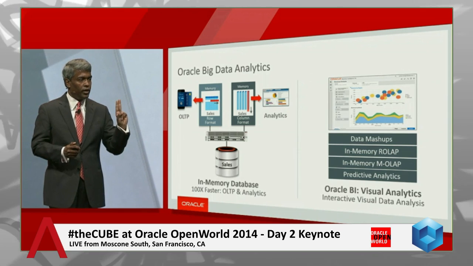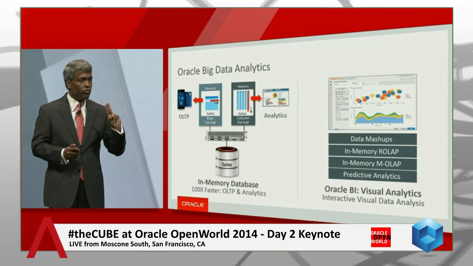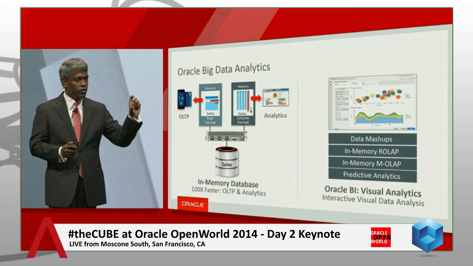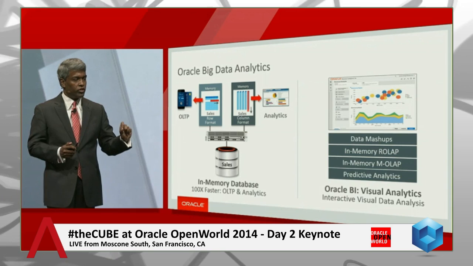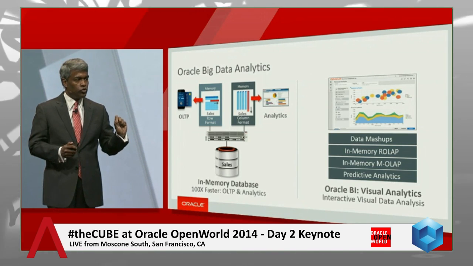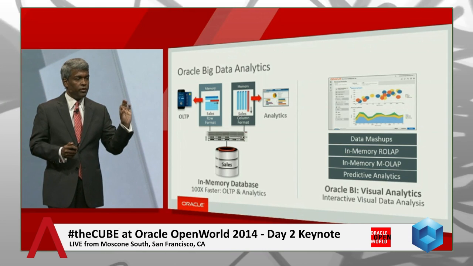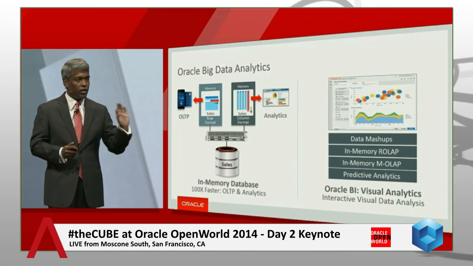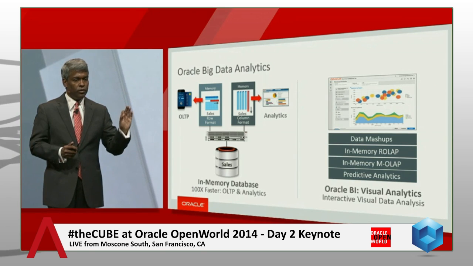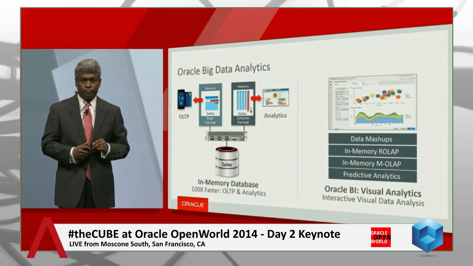So all existing applications can run against this database with great speed. Third, it exploits in-memory instruction set optimizations on hardware processors, as well as all of the technology we have in our database for clustering to give you great reliability and scalability while you're using in-memory speed.